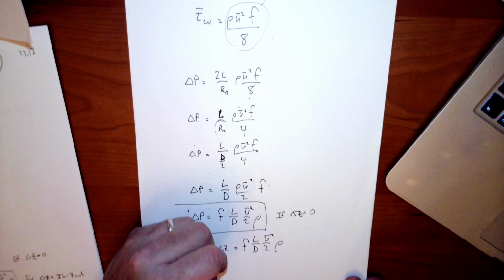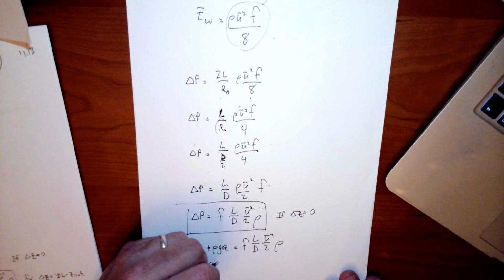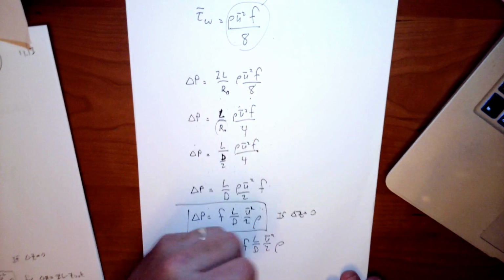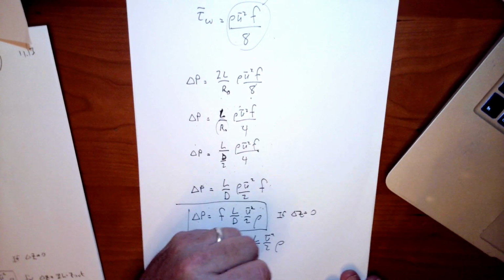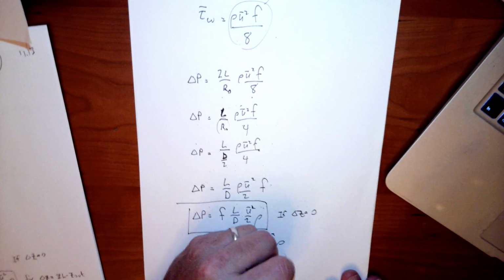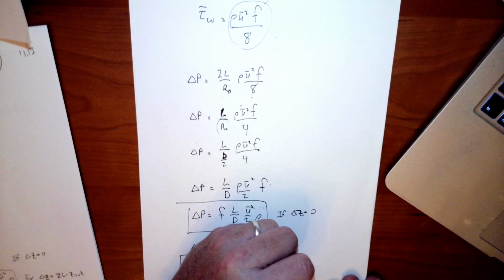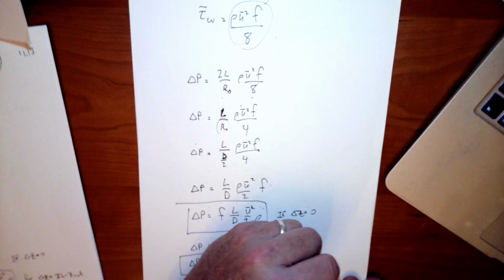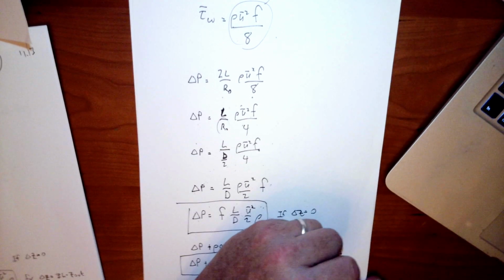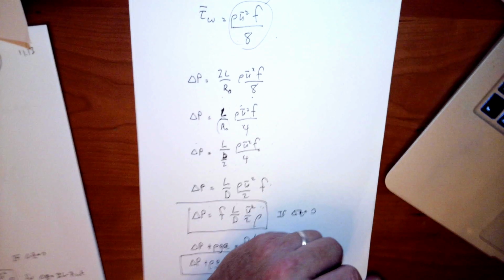So I'll write it again. Delta P plus rho G delta Z is equal to F L over D U average squared over 2 rho. And delta Z is equal to Z in minus Z out, and delta P is equal to P in minus P out.